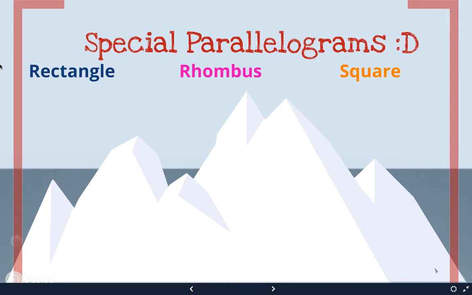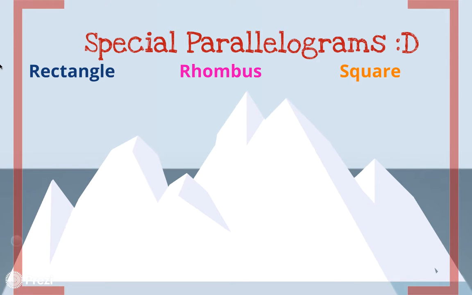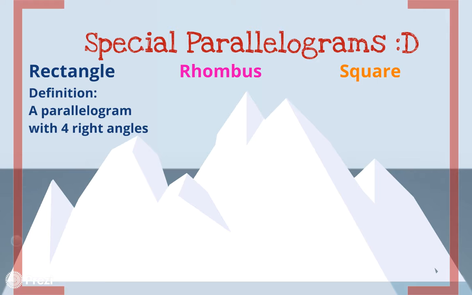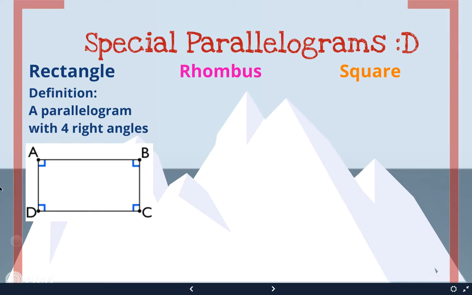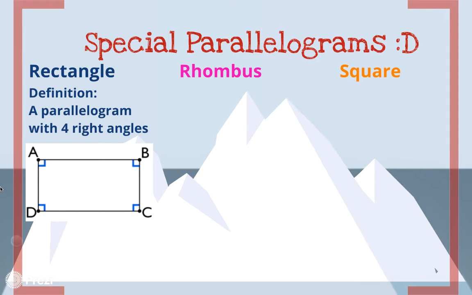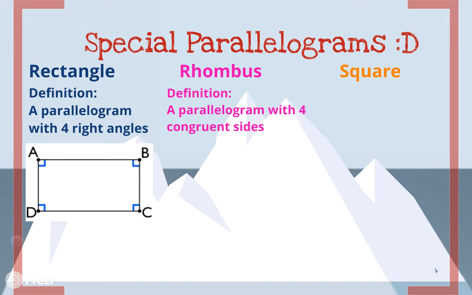So let's talk specifically about what makes a rectangle a distinct parallelogram. A rectangle is a parallelogram with four right angles. So if you see a parallelogram and it has four right angles, it makes it a rectangle, which is pretty cool. A rhombus is a parallelogram that has four congruent sides.